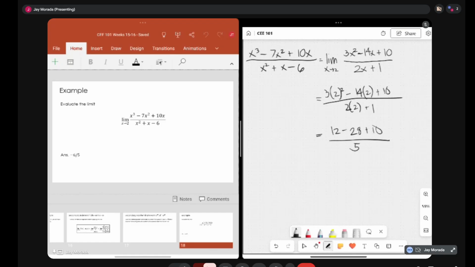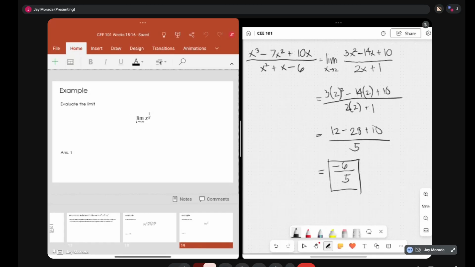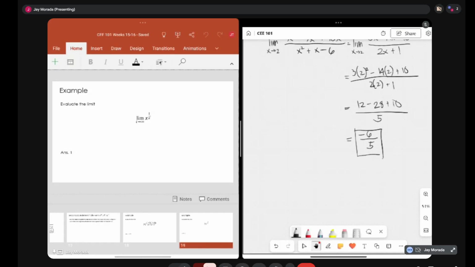That is 22 minus 28, that is negative 6 over 5. Alright, that is our evaluated limit, negative 6 over 5. For the next problem, that is power.